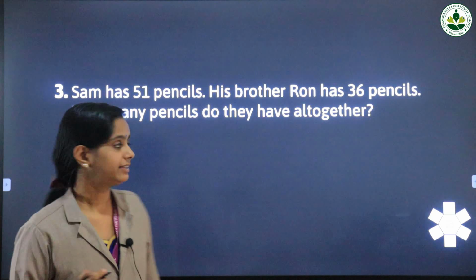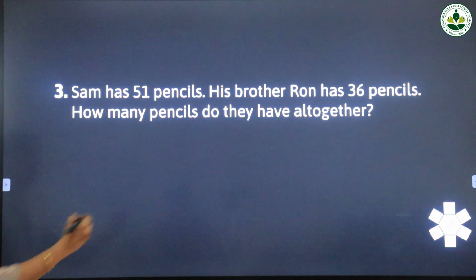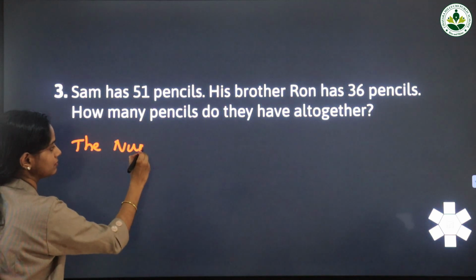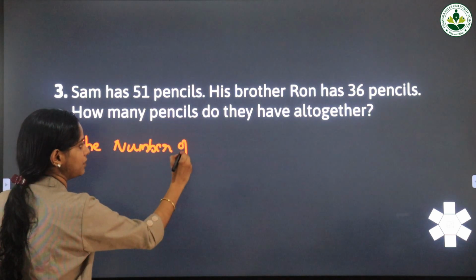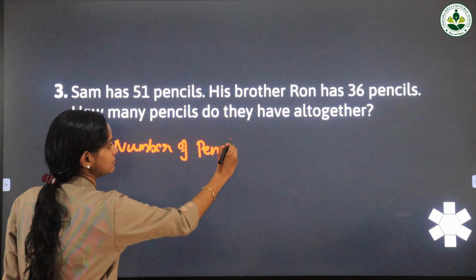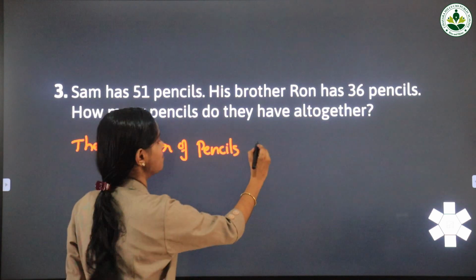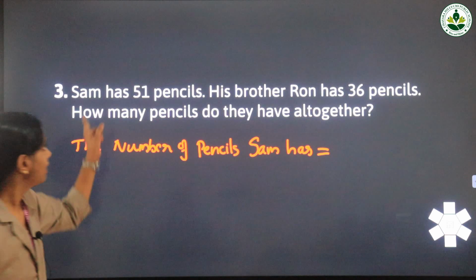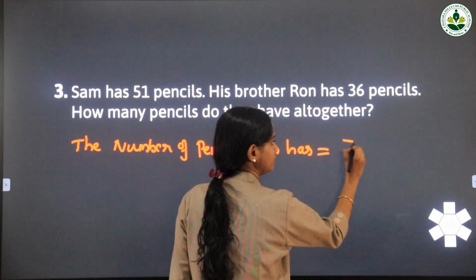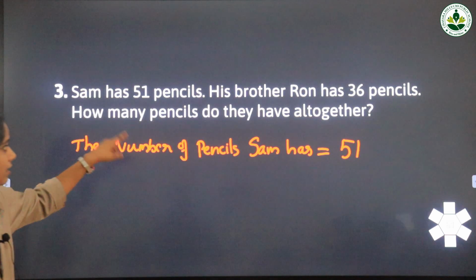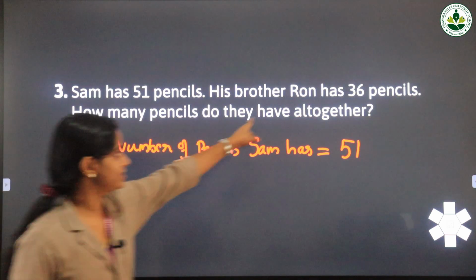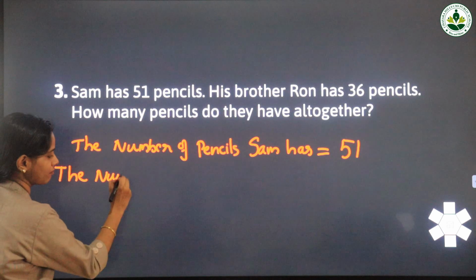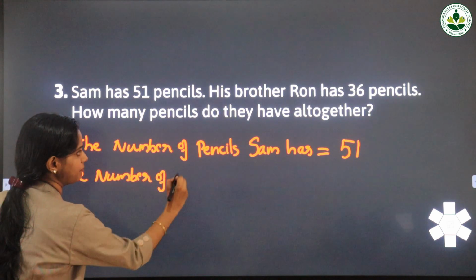It's a word problem, so we need the steps. First, the number of pencils Sam has is equal to 51.